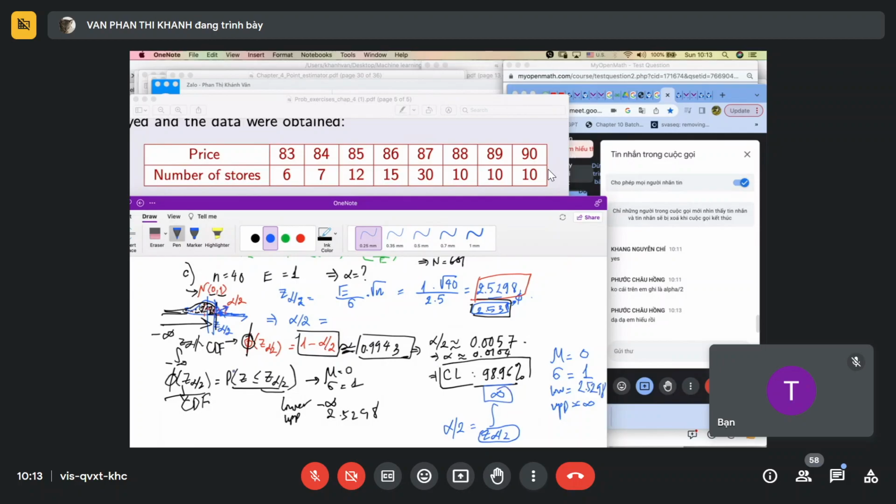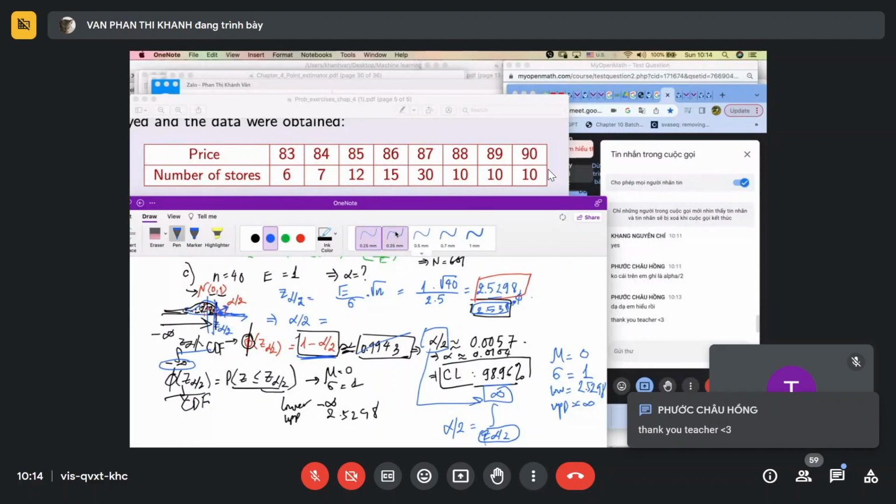If you write from minus infinity to z alpha over 2, it's 1 minus alpha over 2. So if you want to directly find alpha over 2, you can apply this formula from z alpha over 2 to infinity, the upper tail. Okay, class got it, right? Yeah.